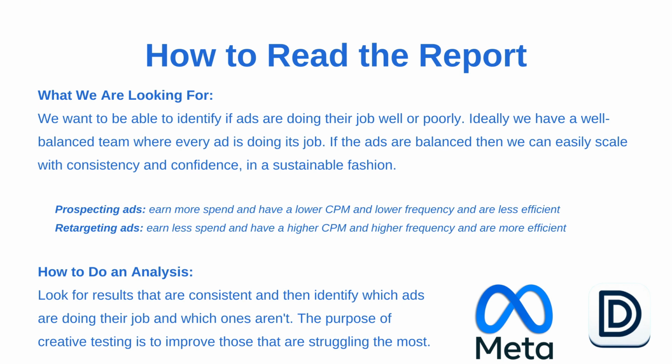If we think of it as a chain is only as strong as our weakest link, and the 4PI analysis lets us know which link is the weakest, and our creative testing is specifically designed to make that weakest link stronger, then we will consistently improve our overall team and the balance, which means our ability to scale with consistency and confidence in a sustainable way only gets greater over time. And that's why this is the most powerful report you can run in the Meta Ads platform. And again, it's super easy to set up with your custom columns.